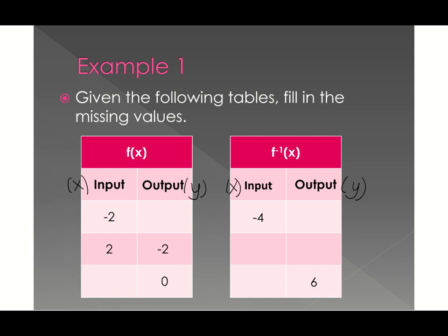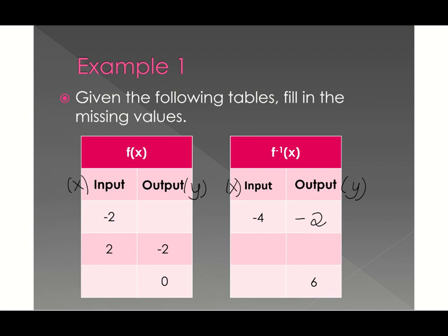So if we have f of x, we know that we have our x values and our y values, and in our inverse, they're just going to be switched. So if we have an x value of -2, that means that becomes a y value on our inverse. So if we have -2 for our input of f of x, it becomes our output on our inverse.